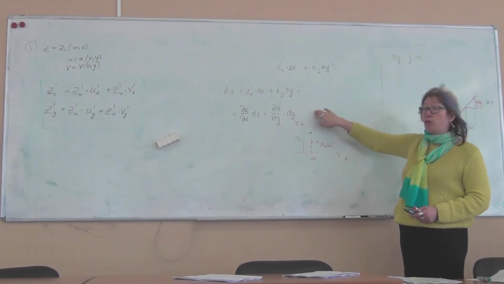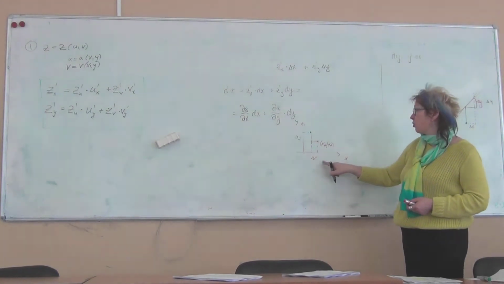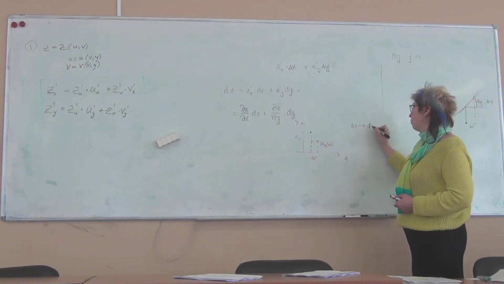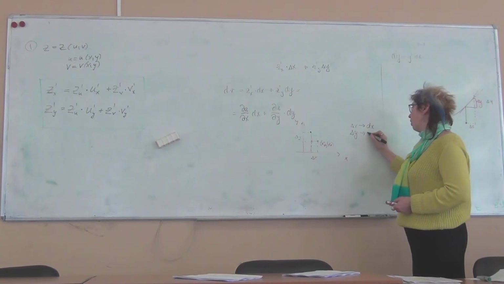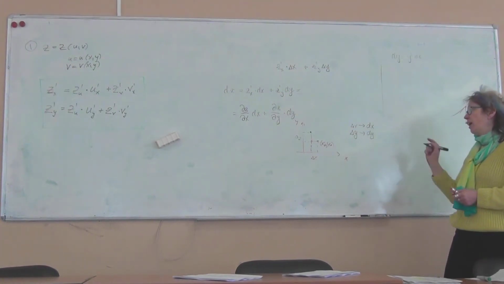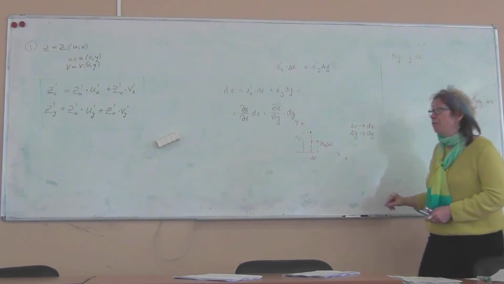This is only an approximation, of course. If dx and dy are small, so delta x was renamed dx, delta y was renamed dy for the sake of symmetry in this case. So it's not the same as here, not exactly.